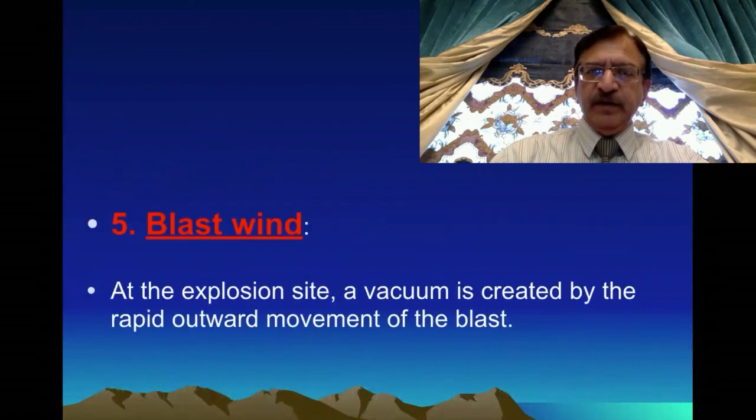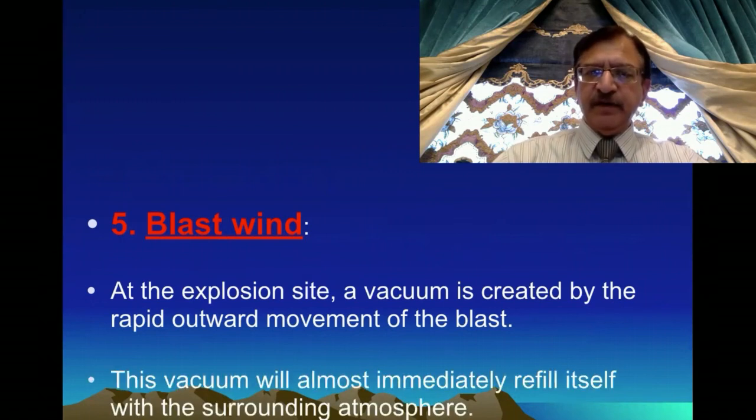Then the blast wind. After the explosion, a vacuum is created. When the peak front has moved forward, immediately behind it a vacuum or negative pressure is created by the rapid forward movement of the peak front. And this vacuum will almost immediately refill itself from the surrounding atmosphere.